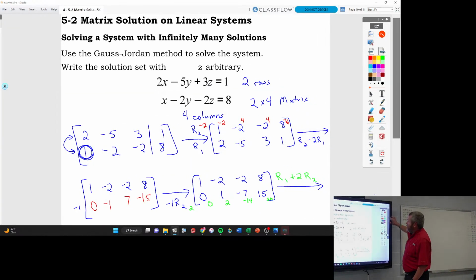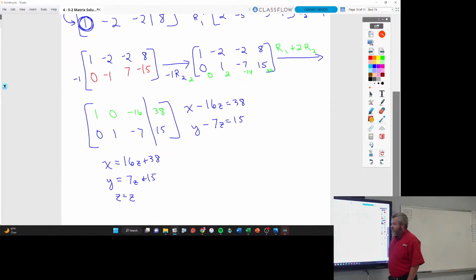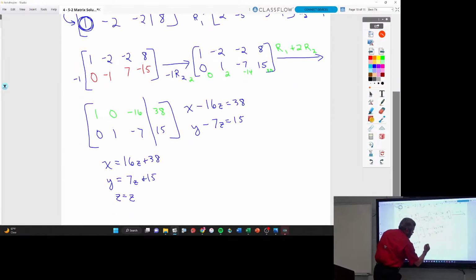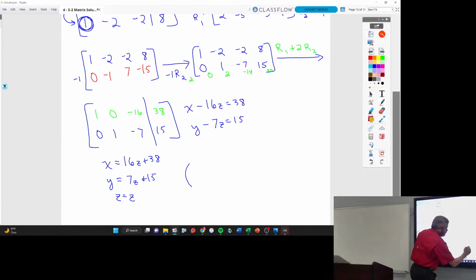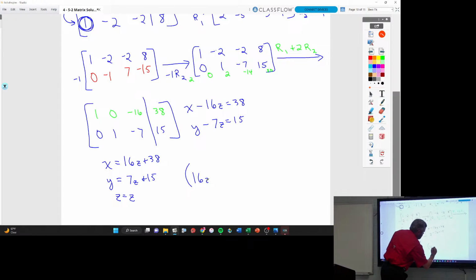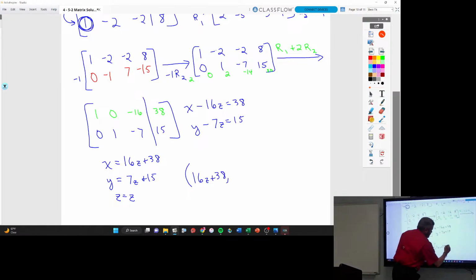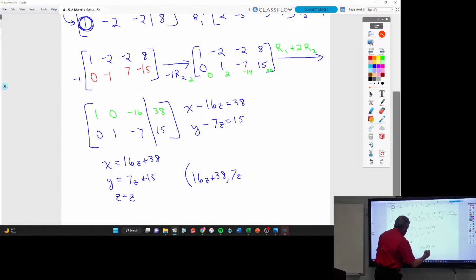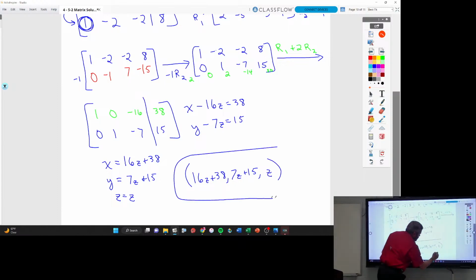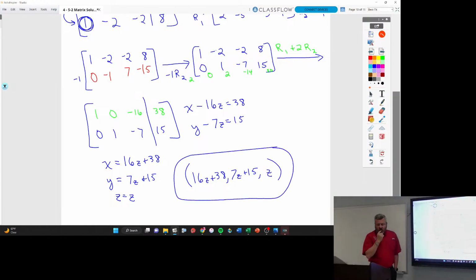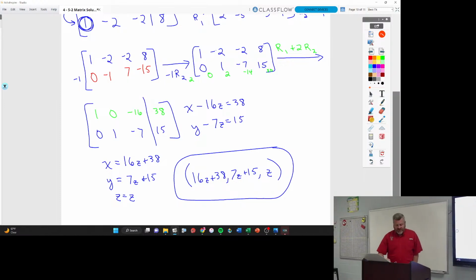I can still write this as an ordered triple. So the ordered triple is going to go in parentheses. My x value is 16z plus 38. My y value is 7z plus 15. And my z value is z. So this here is my ordered triple. So that is my answer with an arbitrary z.